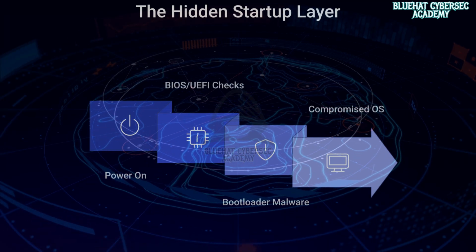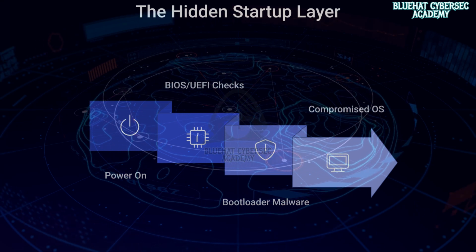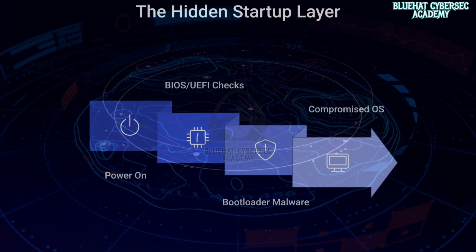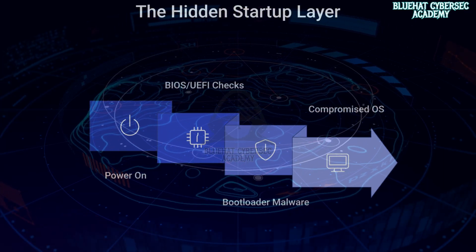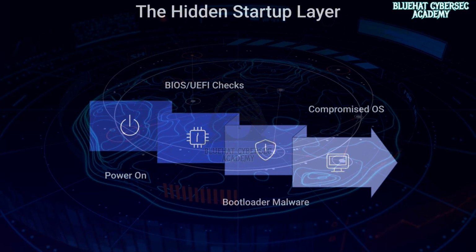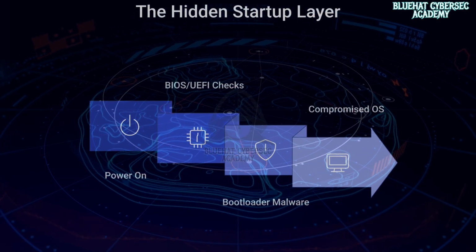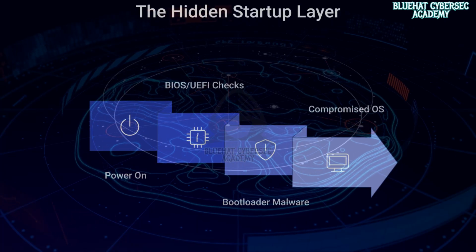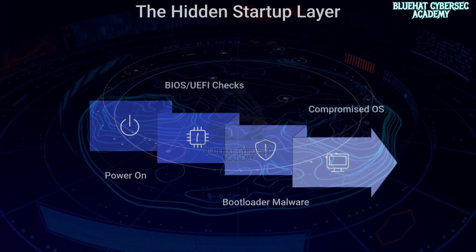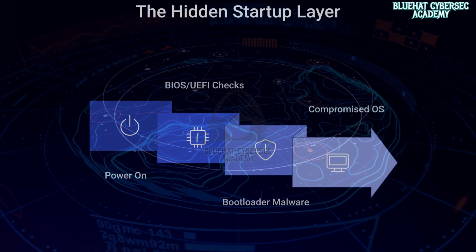Instead of waiting for security software to initialize, it modifies or replaces parts of the boot process itself. This could involve tampering with the boot record, altering boot configuration data, or embedding malicious code into the early startup chain. Once this happens, the malware gets executed before any operating system level security exists. At that point, it effectively operates in a privileged position that most software simply cannot detect or remove easily.